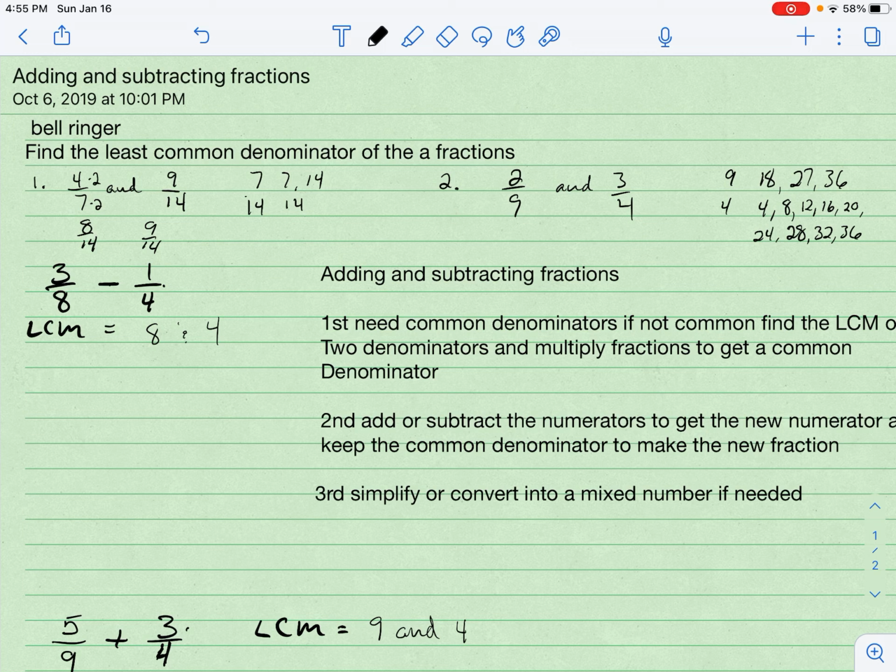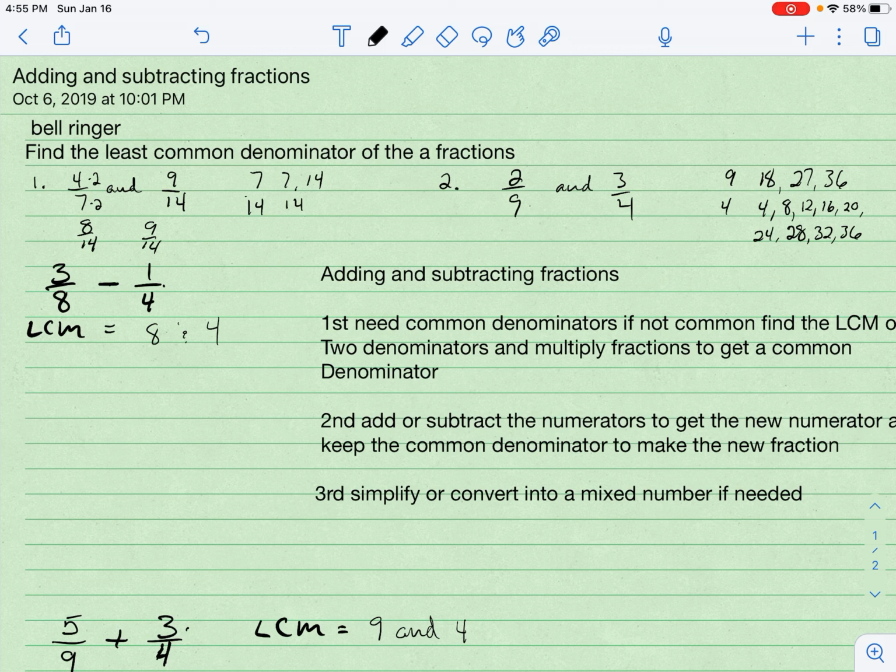And one thing you can always do is, if you don't know what it is, it's not always the least common, but you could always multiply the two numbers. So 9 times 4 is 36. So that would be the least common multiple. But just note, when you have to simplify, that might not always be the least common denominator.